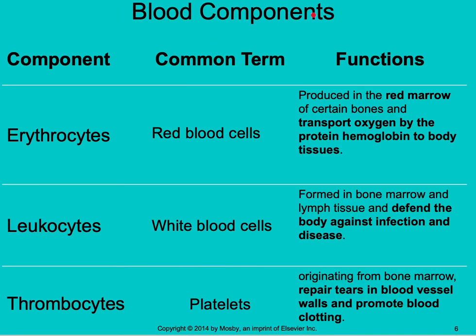So blood components. We know that our blood is made of different components. Erythrocytes are our red blood cells. They're produced in the red marrow of certain bones, and they transport oxygen by the protein hemoglobin to the body tissues. The oxygen binds to the hemoglobin and then it's transported to the body.